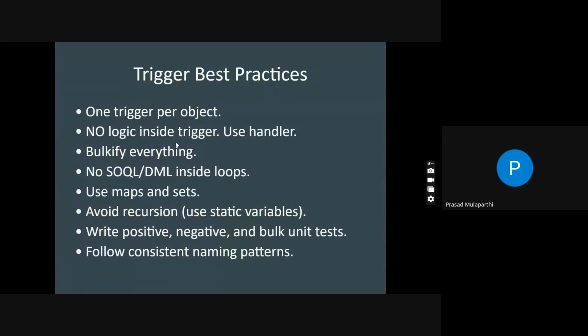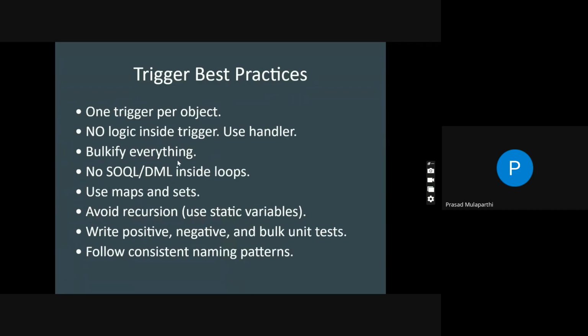And no logic inside trigger, use a handler instead. We can create one Apex class and take help of that Apex class as a handler. We will push all the logic inside the handler class. Rest of them we can handle inside the trigger itself.